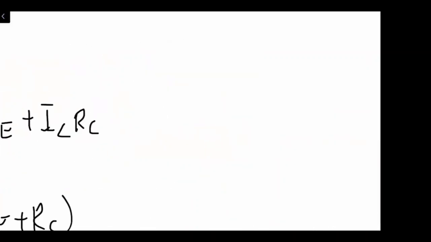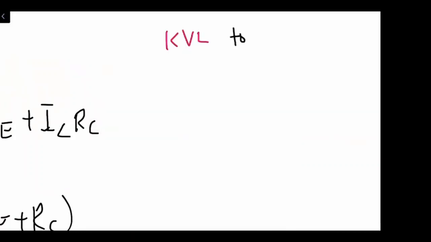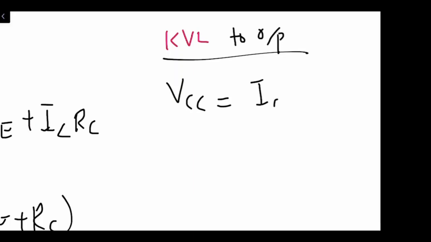So if I apply KVL to the output side, what we are going to get, we can simply write VCC is equal to the drop across the collector resistance plus the drop in the collector base junction, right?